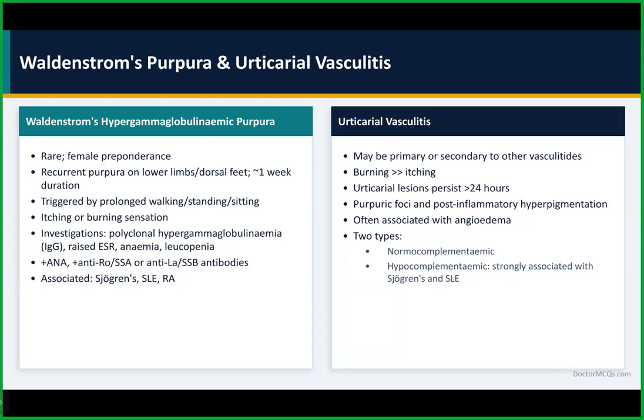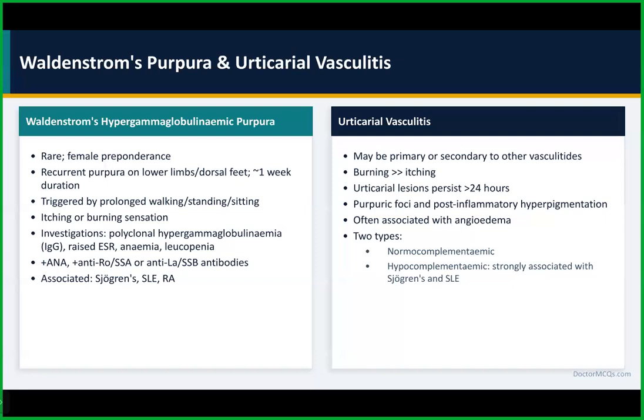Then comes urticarial vasculitis. We know about urticaria, but when vasculitis comes with urticaria, it is different. Firstly, the patient will have burning, then itching. Burning is a feature of one of the very common skin conditions too; if you can drop it in the chat box, that is also positive for burning. In urticarial vasculitis the lesion will persist for more than 24 hours.